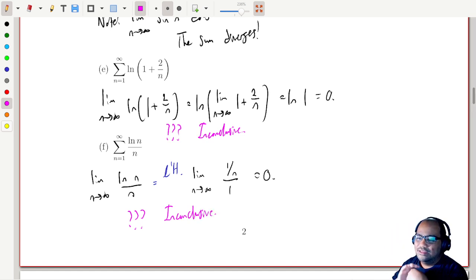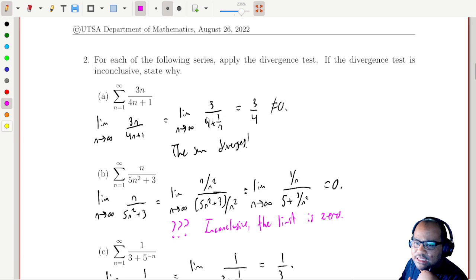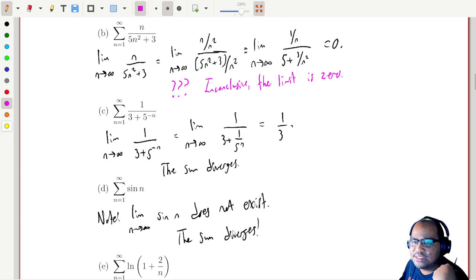So what do we really take away from here? Let's take a look back at some of the ones we did. I take limits. If I want to see if the sum diverges or not, I just take limits. If the limit is different from zero, or the limit does not exist, as we saw here, the sum diverges. But if the limit is zero, we get no new information.